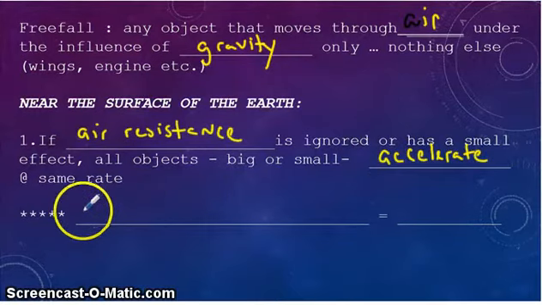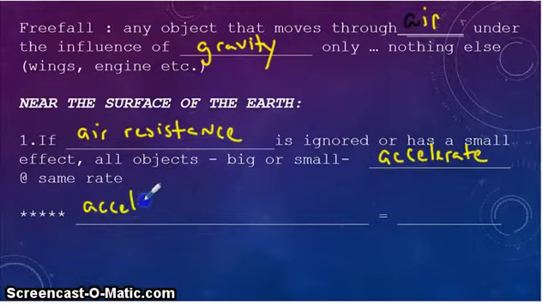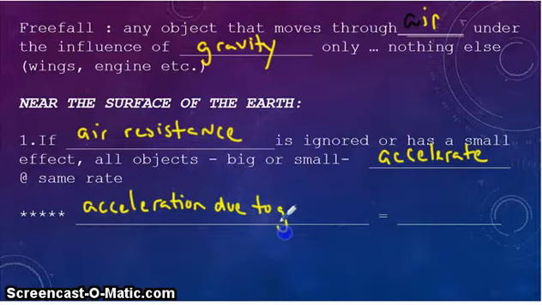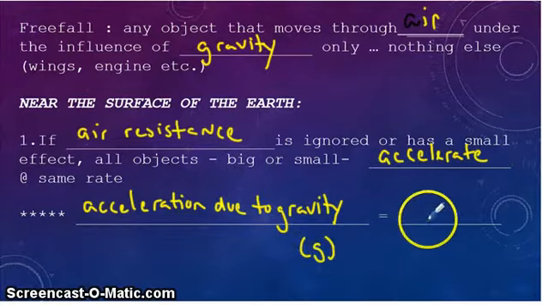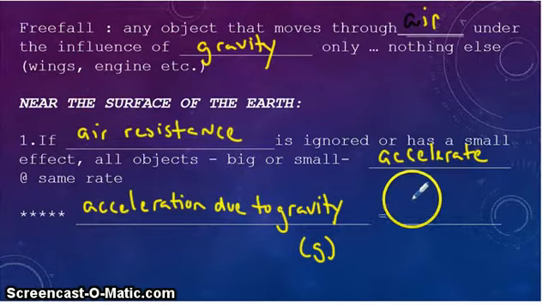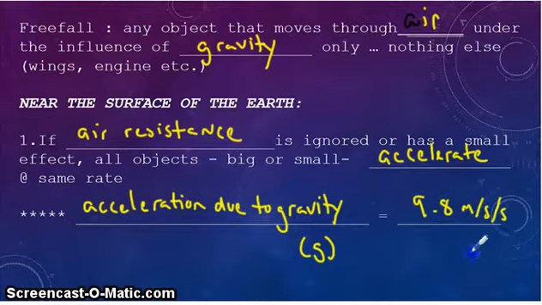So we call this the acceleration due to gravity. And we give it the symbol g when we're talking about an acceleration due to gravity. And on the surface of the Earth it is 9.8 meters per second squared.